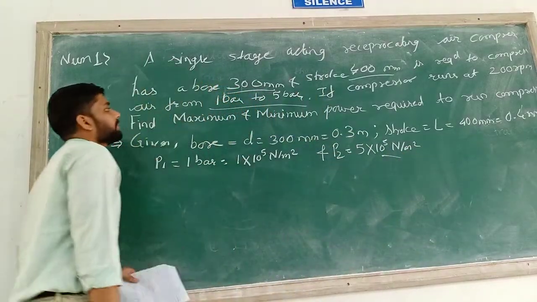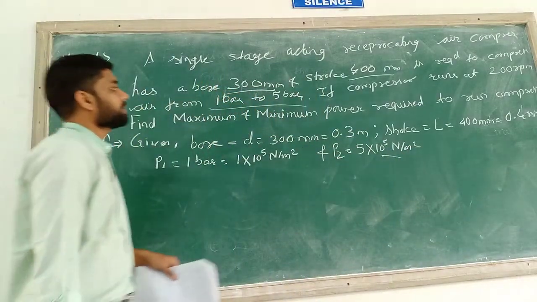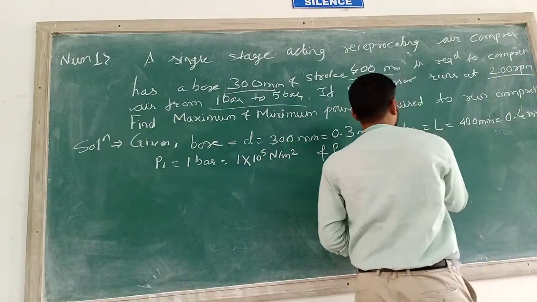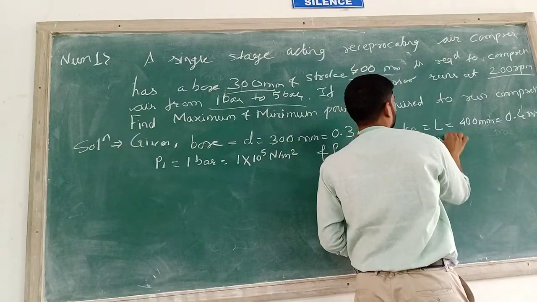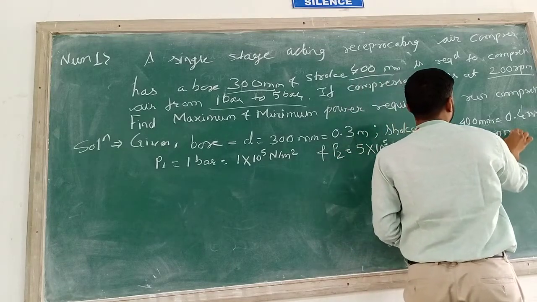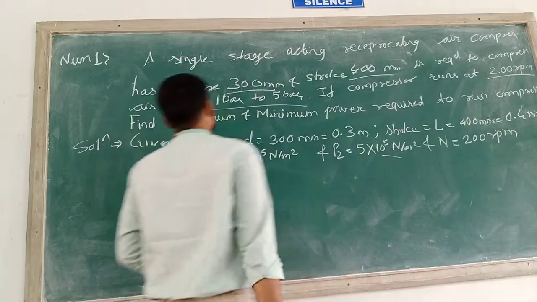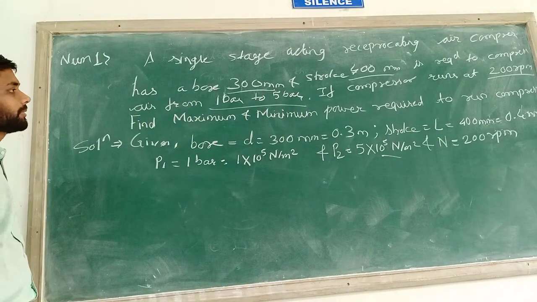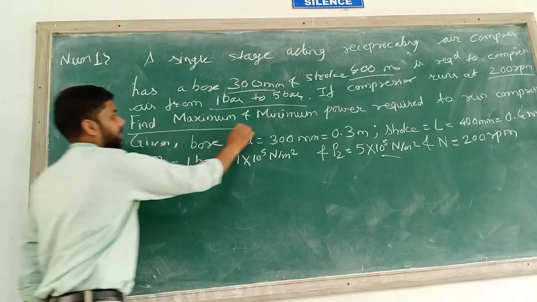Again they gave us the speed of the compressor, N, which is 200 RPM. And now we need to find the maximum and minimum power required.